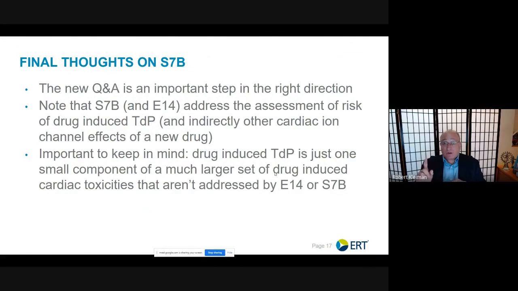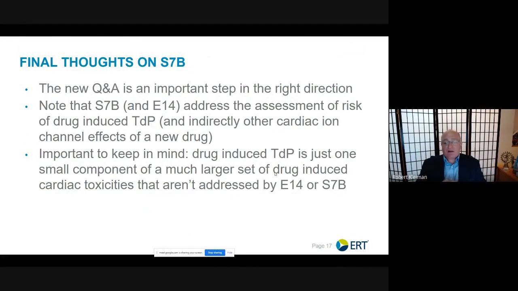But torsade is only one of many different cardiac side effects that new drugs need to be evaluated for. So thanks. That's going to close out our presentations on the E14 and S7B question and answers.